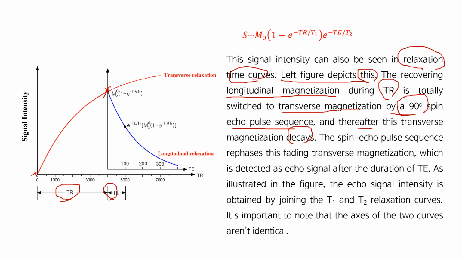So the spin echo pulse sequence rephases this fading transverse magnetization, which is detected as the echo signal after the duration of the TE.